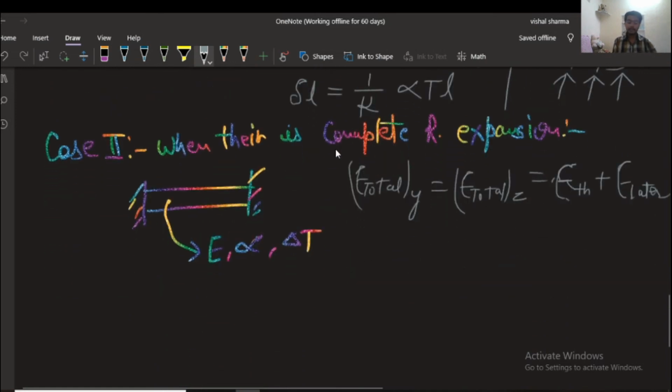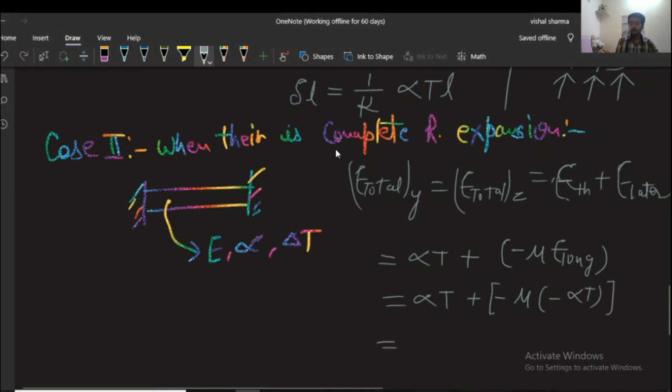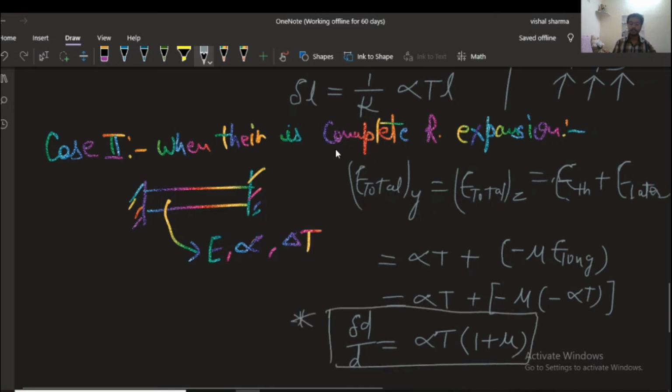So the total strain is given by alpha T plus, in the lateral direction, minus mu into the strain in the longitudinal direction, which is equal to alpha T plus minus mu into the longitudinal strain, which is minus alpha T. So the lateral strain is given by alpha T into 1 plus mu when there is a complete restriction.